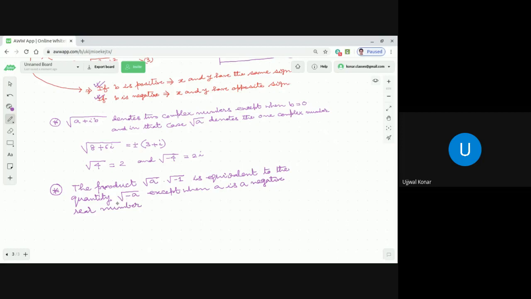Now let us deep dive into it, as you asked, square root of -4.